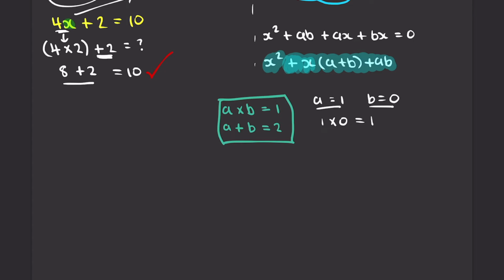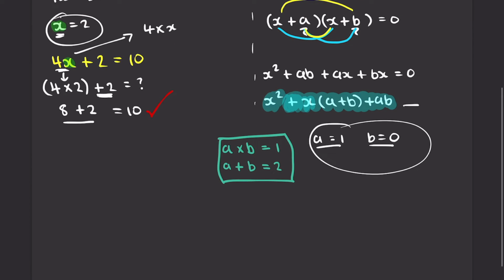Does this equal 1? The answer is no. 1 times nothing is always nothing. 1 times 0 is always 0. That is non-negotiable. That is just a mathematical rule. 1 times 0, 2 times 0, 3 bajillion times 0 will always equal 0. So therefore, we can tell that a equals 1 and b equals 0 is not a valid combination. This combination of numbers will not work for this formula.